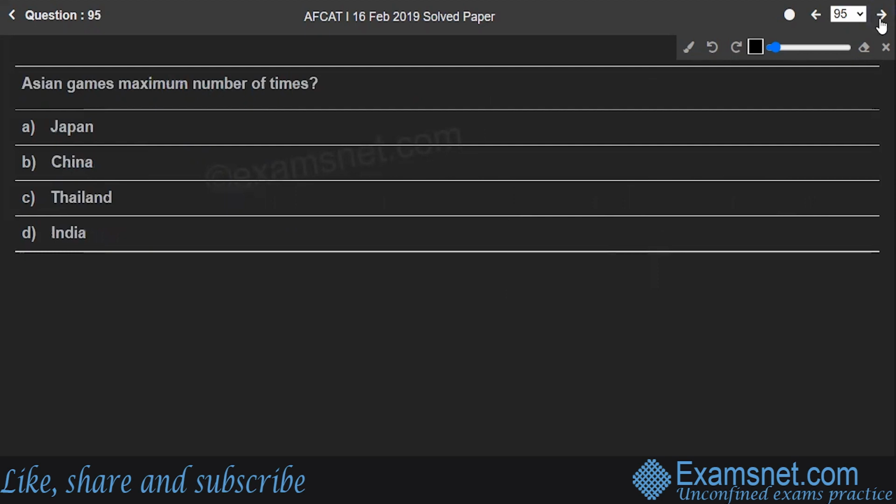Next is question number 95. It says, which country hosted the Asian Games the maximum number of times? Is it Japan, China, Thailand, or India? Well, the correct answer to this question is Thailand. Thailand hosted the Asian Games the most number of times.